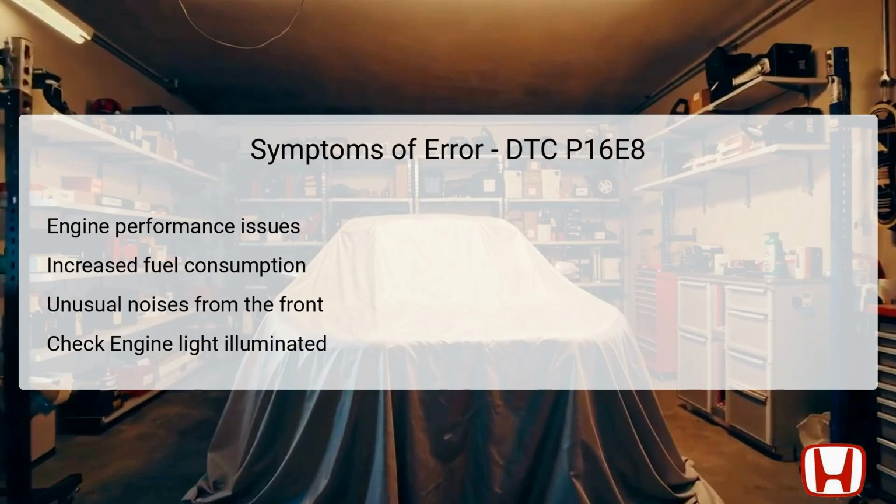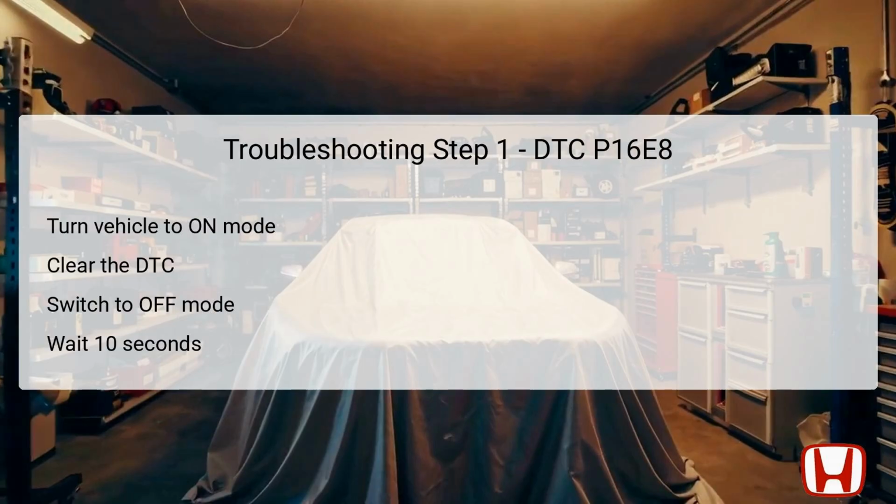alerting the driver to potential problems that should be addressed through diagnostic testing. The initial troubleshooting step for diagnosing DTC P16E8 requires first turning the vehicle to the on mode, preparing the onboard systems for diagnosis. Once the vehicle's systems are active, utilize the HDS, Honda Diagnostic System, to clear any existing DTCs logged in the memory, allowing a fresh assessment. Subsequently, turn the vehicle to the off, lock mode.